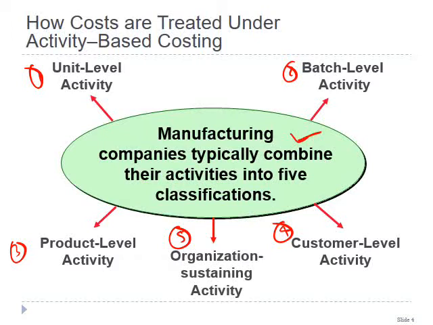The second one is batch level activities. They are performed each time a batch is processed regardless of the number of units produced. So these two are not equal, right? Batch level activity examples include setting up equipment or shipping customer orders.